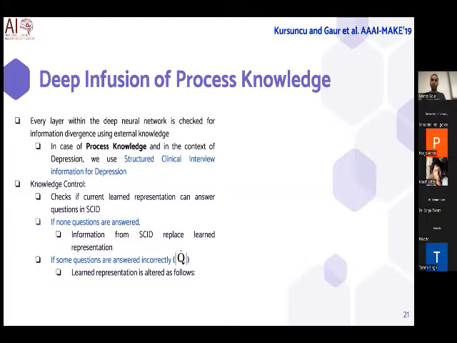Another form, which is the final and most important form of infusion, is the deep infusion structure, where we are not only stacking up the knowledge at one point of your classification structure, but rather we want the knowledge to be modeled as the language model is learning.